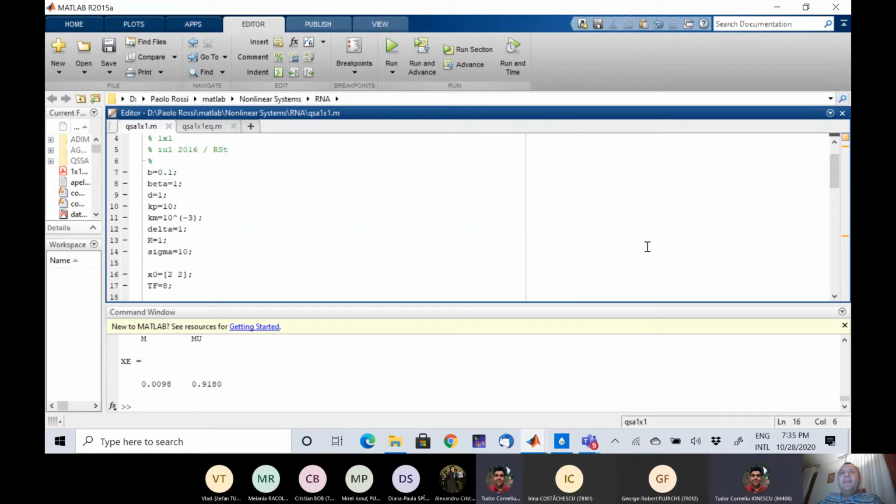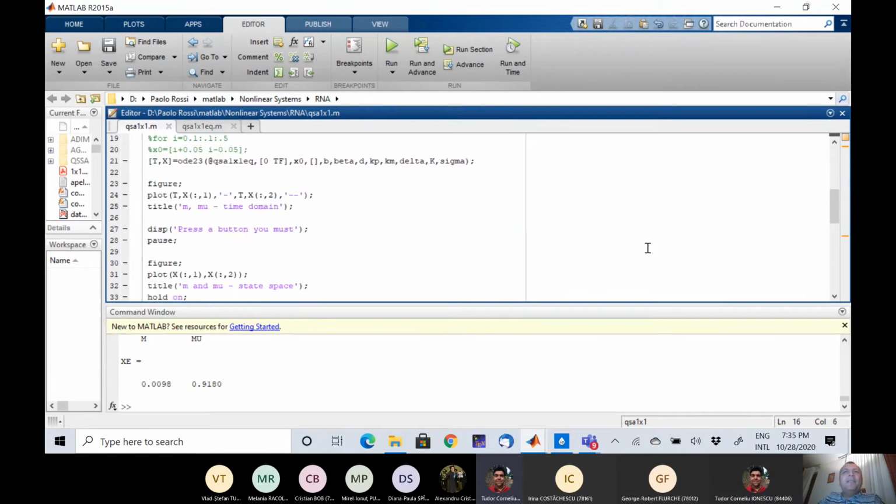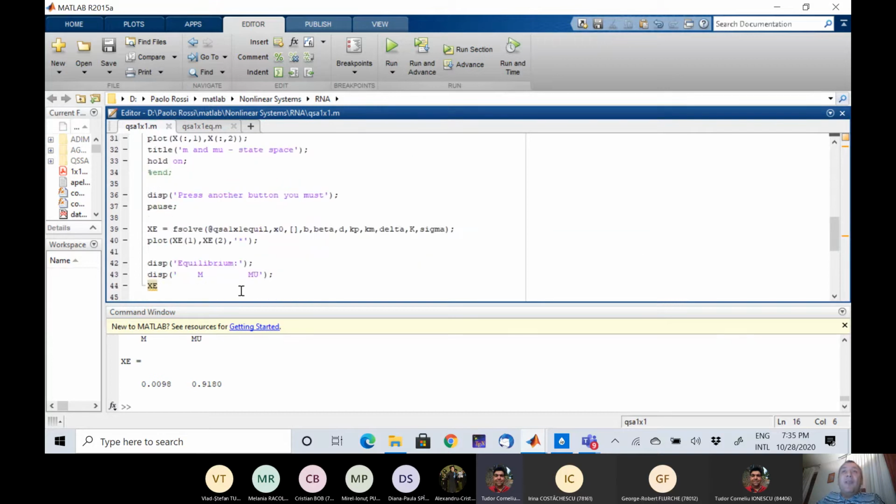And I will let you finish now the last 15 minutes. The numerical solver for calculating the equilibrium point is a solver from the optimization toolbox.